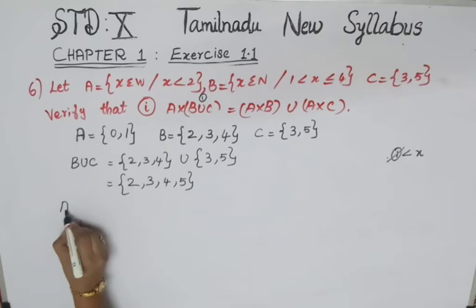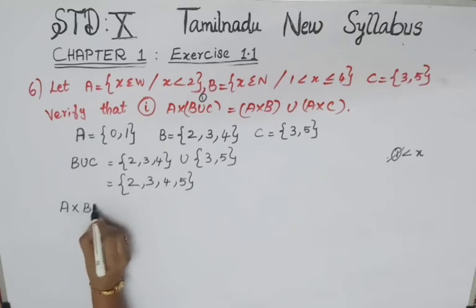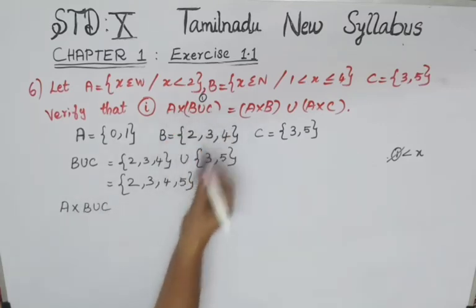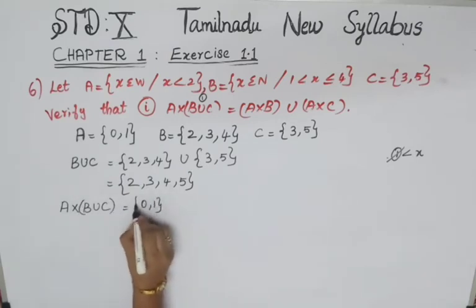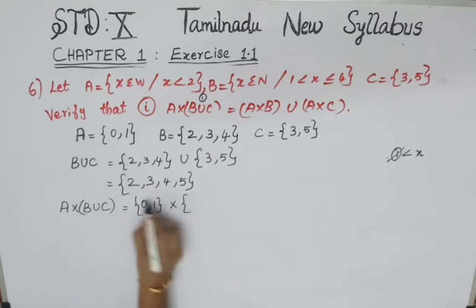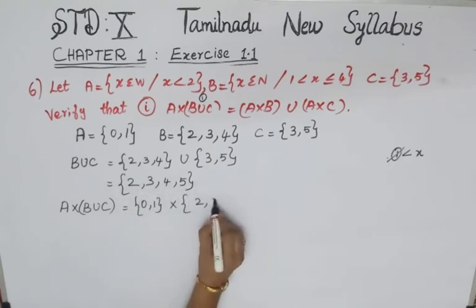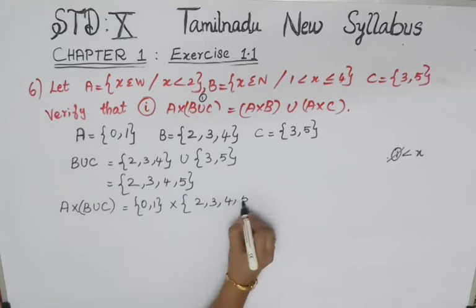Now you will have to find A × (B ∪ C), so that is your left hand side. Write your A first, cross B ∪ C, which is {2, 3, 4, 5}.